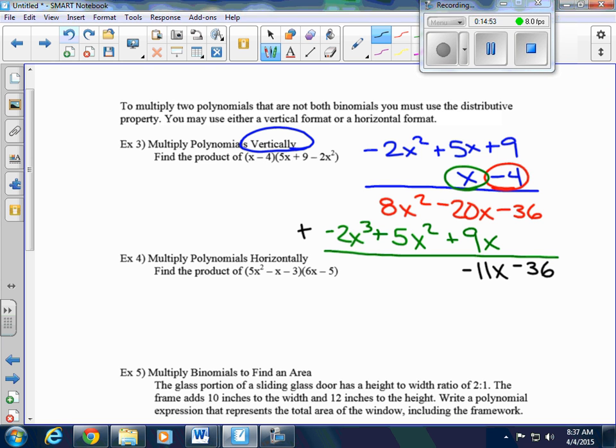We have 8x squared plus 5x squared, which is positive 13x squared. And then we have the negative 2x cubed left. So when we add our like terms up after doing the multiplication, that is the answer that we should get for example 3.